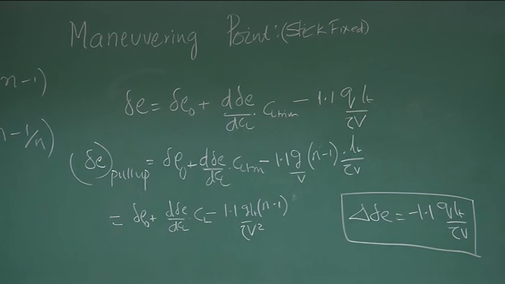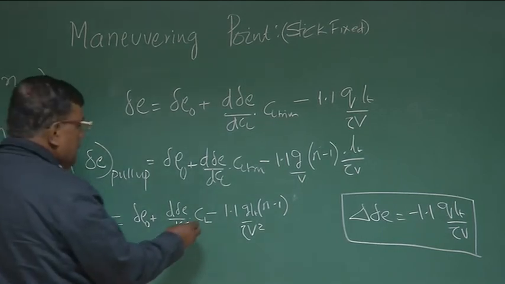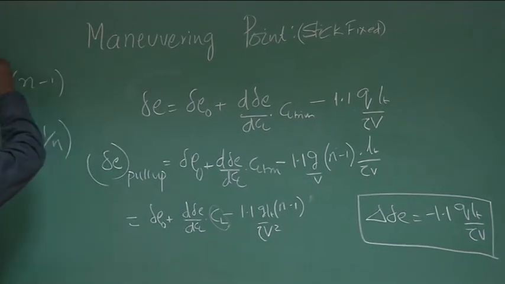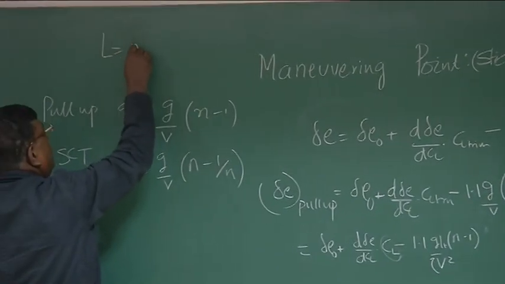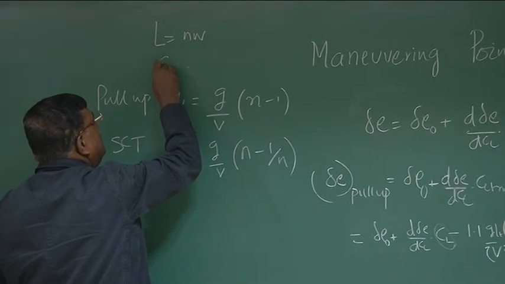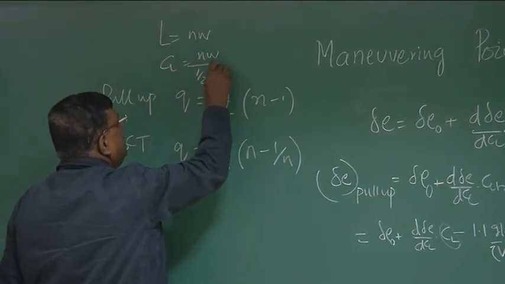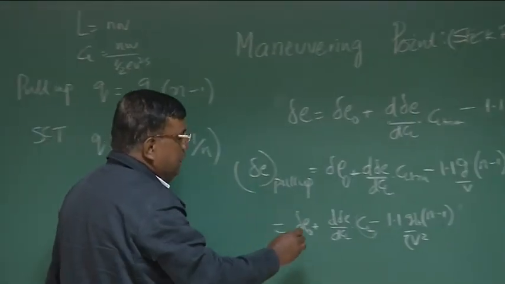And we also realized what this CL trim is now, because I am going for a pull-up. So lift equal to nW. So CL equal to nW by half rho V square S. That is the CL value here.